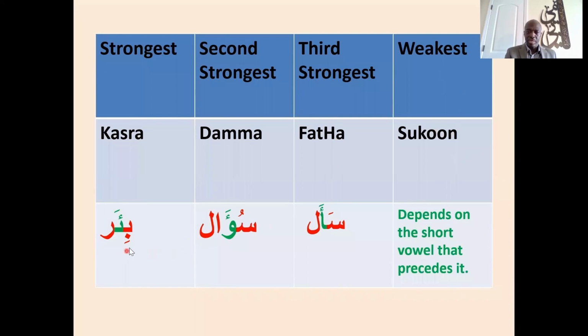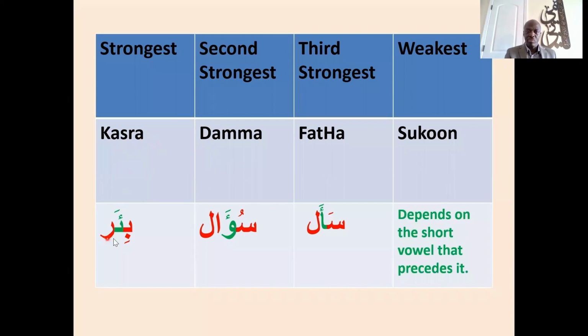And this is the kasra here for those who have not watched my previous videos. And this is the dhamma, and this is the fatha, and the sukoon looks like a little O. See the letter O? That's the sukoon. So we need to remember these in order: the kasra, the dhamma, the fatha, the sukoon.